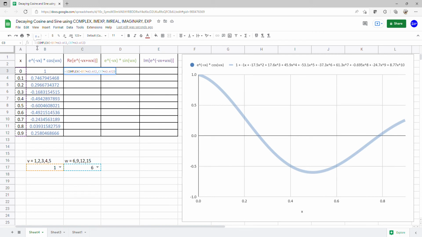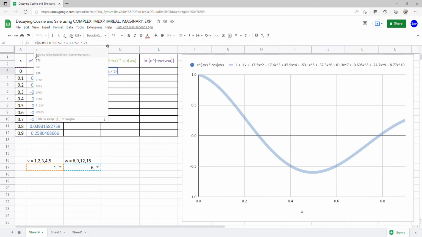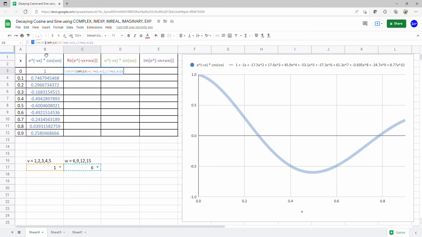So the exponent will be IM exponent of the complex value, and then the real part. So we want the real part of this. So this will be IMREAL.